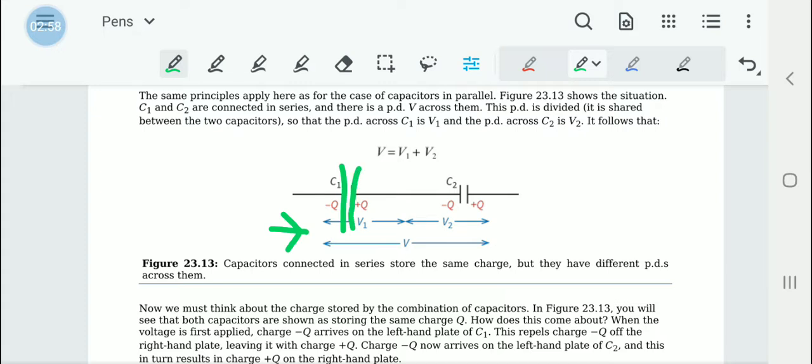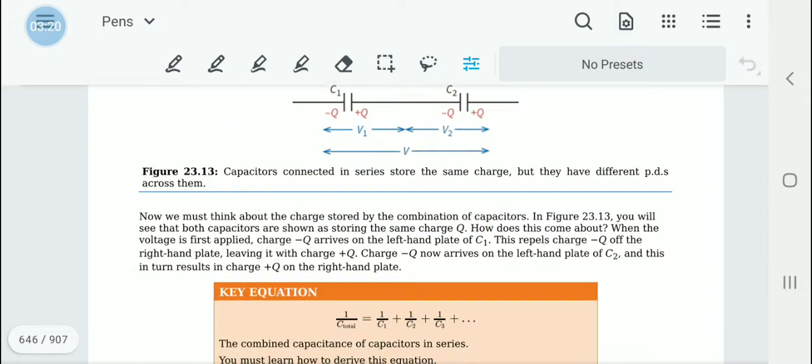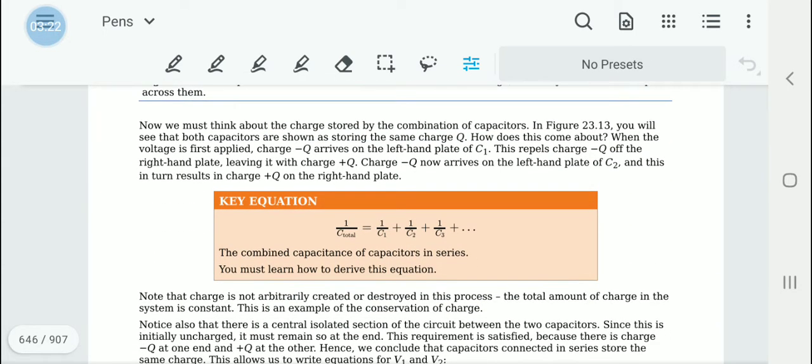That also means the negative Q charge which was here would leave, resulting in this becoming negative Q charged, and that would result in a positive Q charge here. So that is the reason why they become equally charged. I hope that makes sense. If you need further explanation, please let me know.